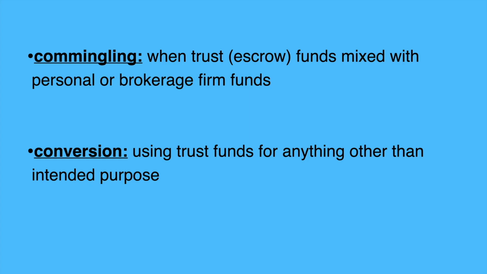Your money should not flirt with the brokerage money. Conversion is using trust funds for anything other than their intended purpose. If I convert your earnest money deposit to help me cover my sushi lunch, that is possibly going to get my license suspended or even revoked.